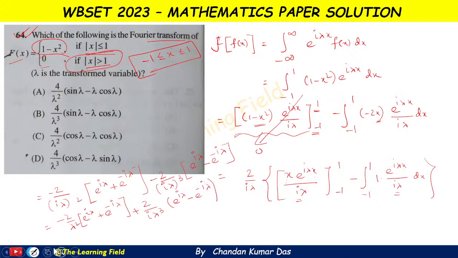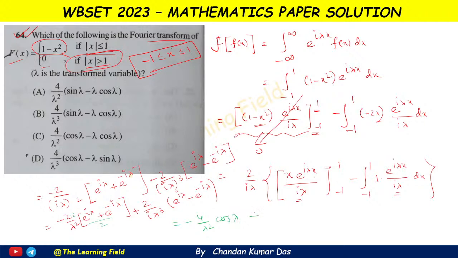So this part I just change the color, or this makes opposite. So this is equal to, if we take by 2 here and multiply by 2, then this gives minus 4 by lambda square into cos of lambda.